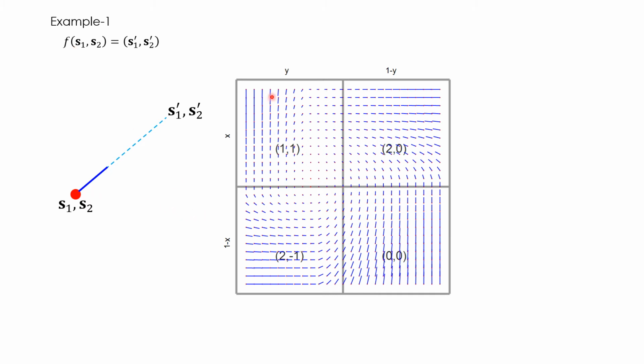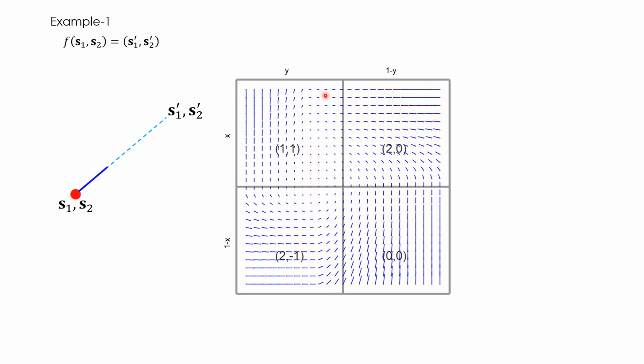Note that I'm not drawing the entire line all the way to S prime 1, S prime 2, because it turned out that the lines would have been really long. And so for visual clarity, I just chose a small fraction of the whole line. I just go 10% along that direction actually.